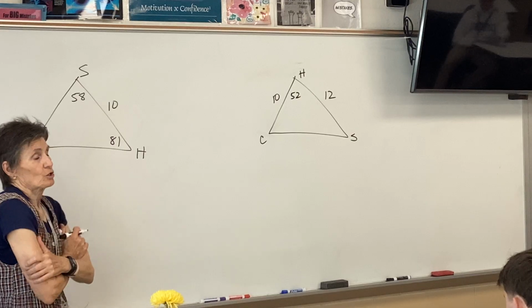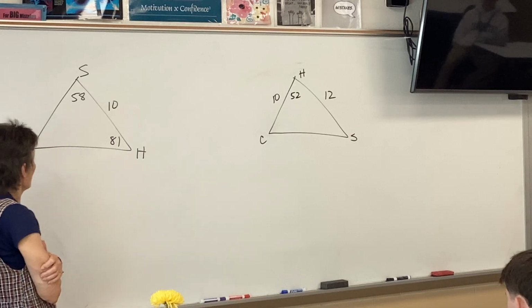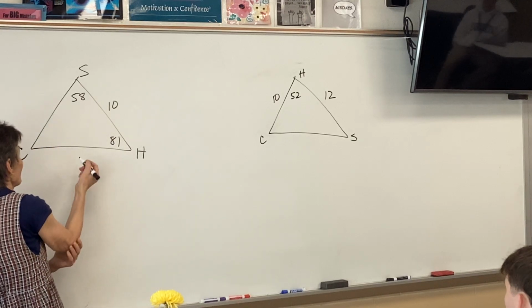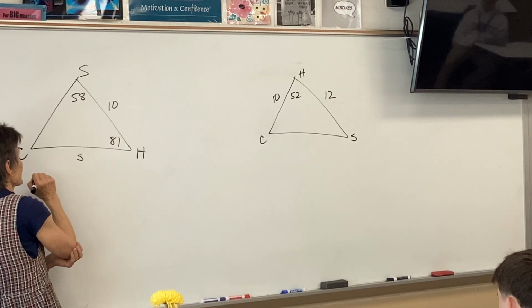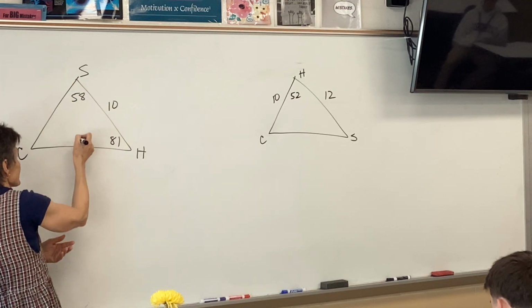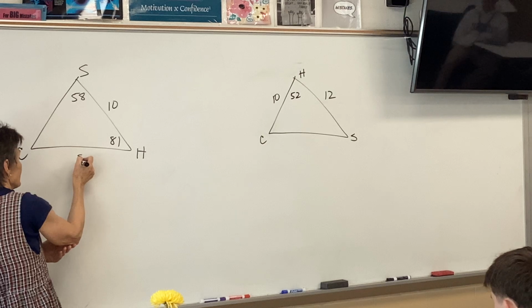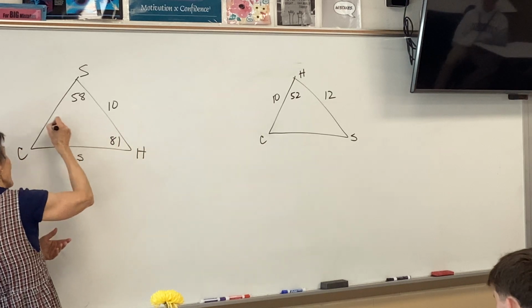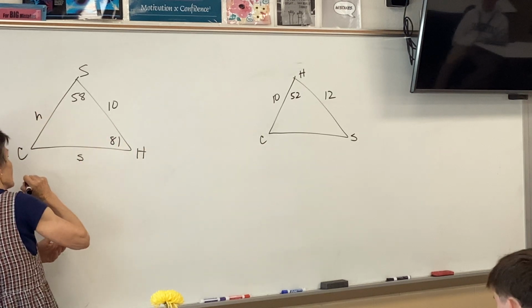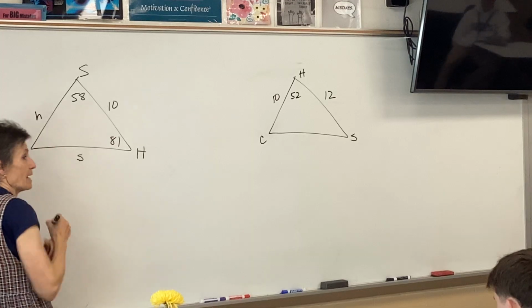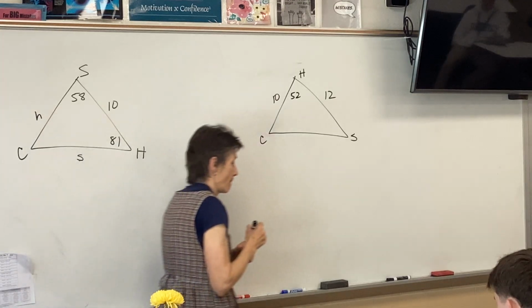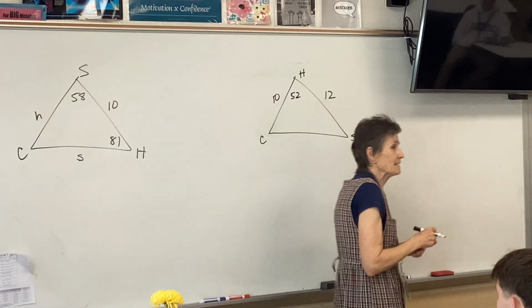When we say we're gonna solve the triangle, what that means is we're gonna find every missing piece. So we are missing side S, we are missing side H, and we are missing angle C. Can you find any of those things?